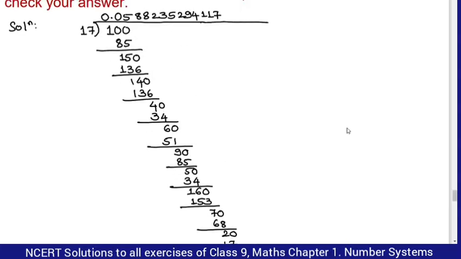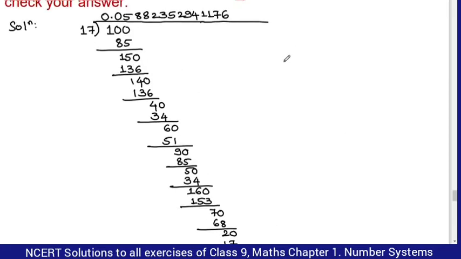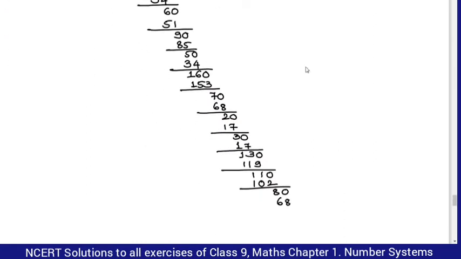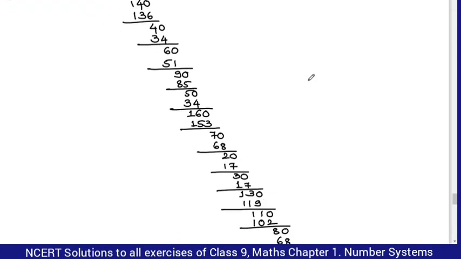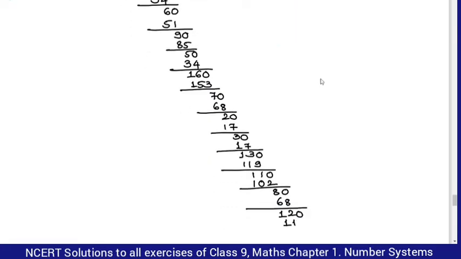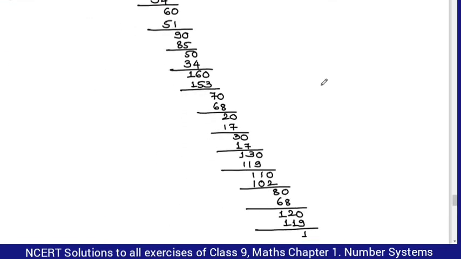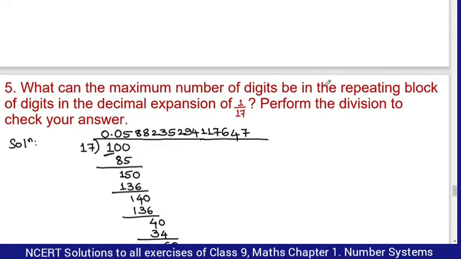Again it will divide with 6, 17 6s are 102. Remainder is 8. 17 4s are 68. Remainder is 12. It will again divide with 7. 17 7s are 119. We got a remainder of 1, which is similar to the dividend. Then these numbers are repeated once again.